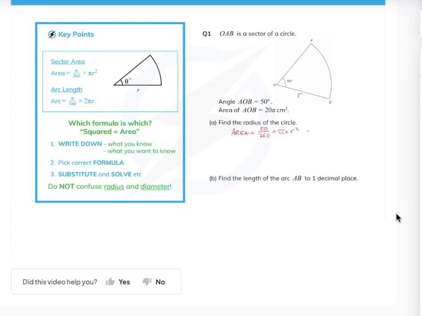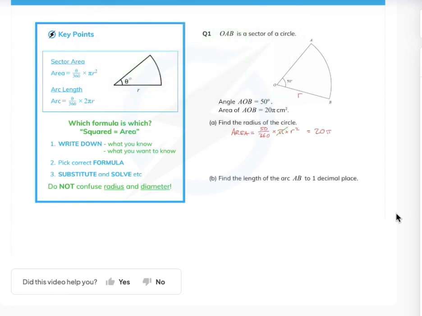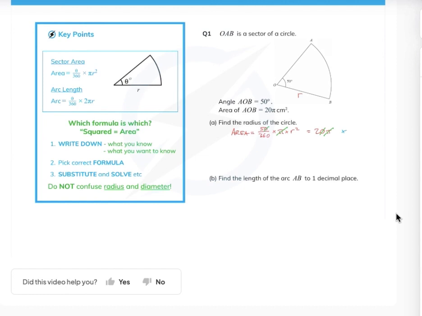But what is the area? Well, that's equal to 20 pi. So here we have an equation to solve. We just need to find r. Now the first thing we can do, let's make our lives simpler by cancelling the pi's. We're allowed to do that, and then I can do a fair amount of simplification here. I can divide both sides by 10 to cancel there, and then if I multiply both sides by 360 over 5, why would I do that?